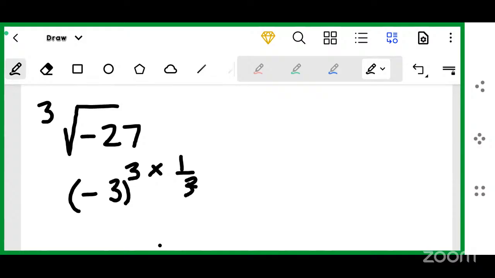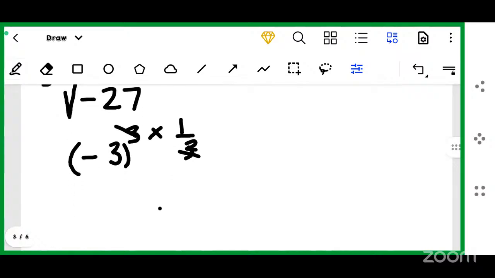You can carry on. What's the next step? After that, they both cancel, and you are left with 1, and therefore the answer is negative 3x.